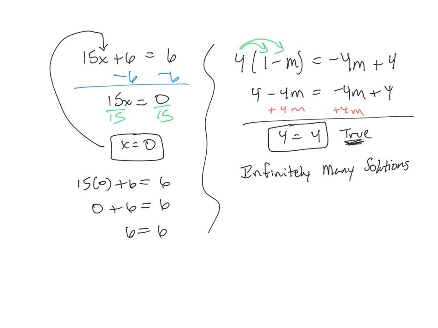What that means is you could all pick a different number to plug in for m, and the problem would work itself out. You would get different numbers right here. If I picked 3 and you picked 7, we would get different numbers at the end, but they would be equal. Like I would get 4 equals 4, maybe, I don't know. You might get 12 equals 12. They're still both true statements.